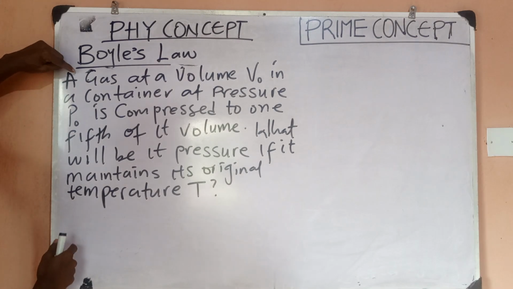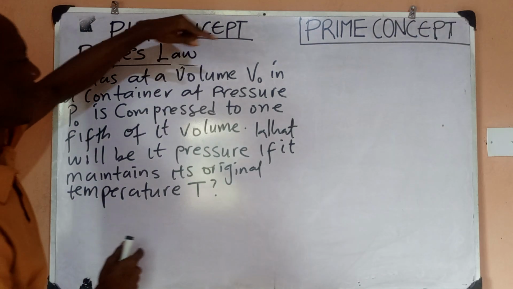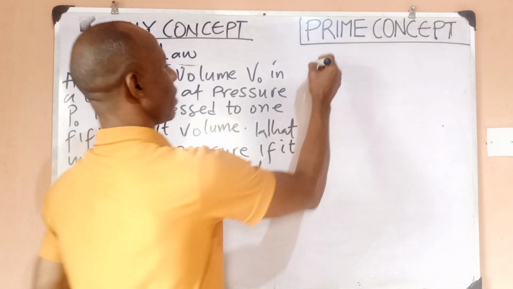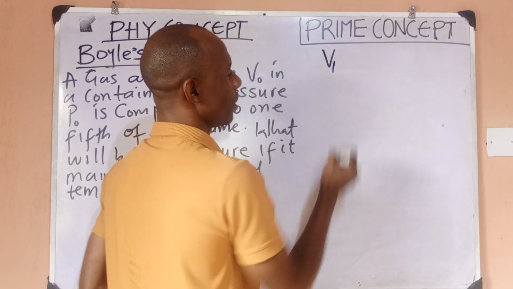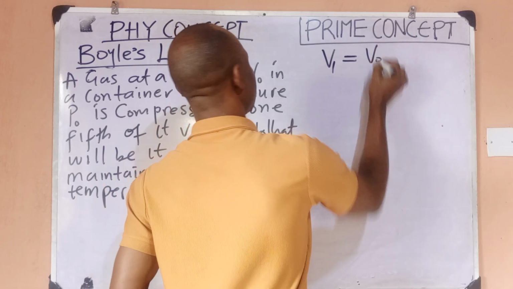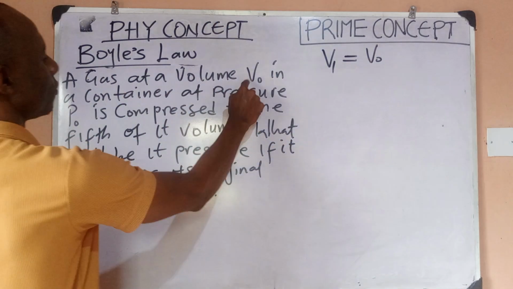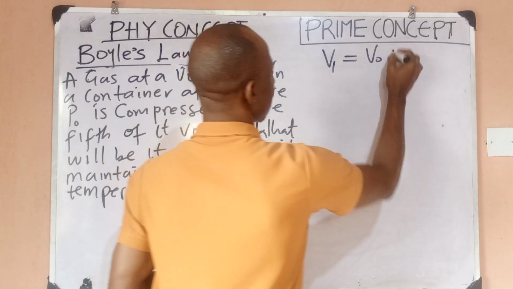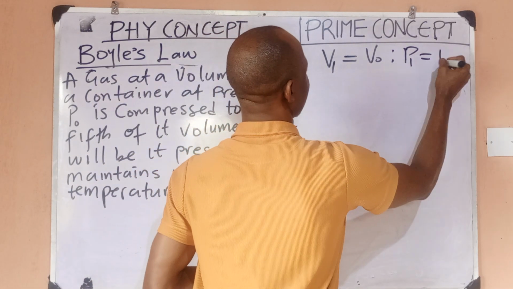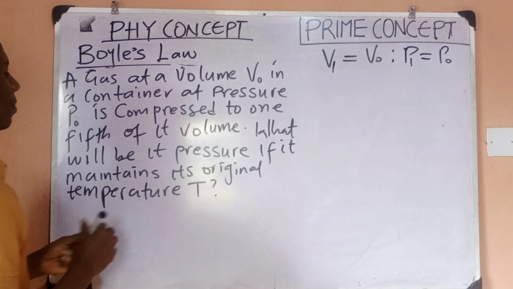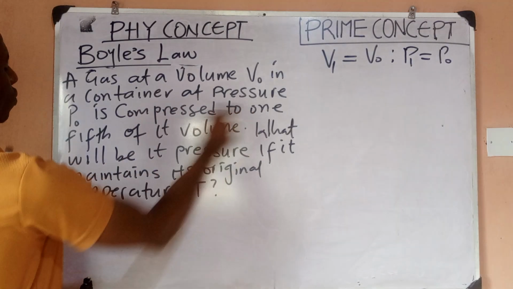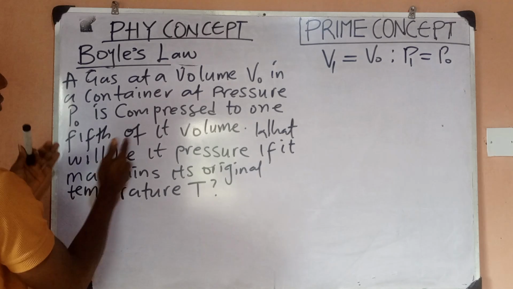The question says a gas at a volume V0, that is the initial volume. So I'm going to say my initial volume V1 is equal to V0. So a gas at a volume V0 in a container at pressure P0. So the initial pressure P1, I'm going to call it P0 like they give us, is compressed. That gas is compressed to 1/5 of its volume.